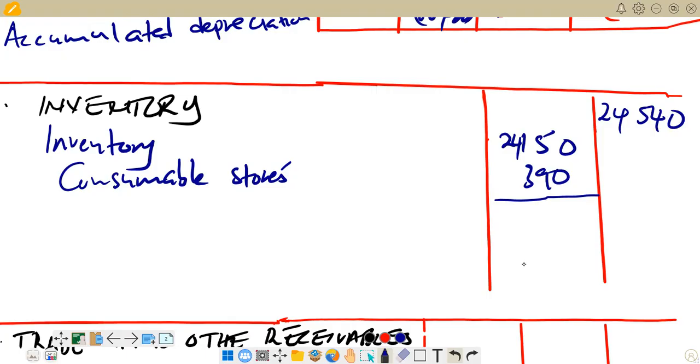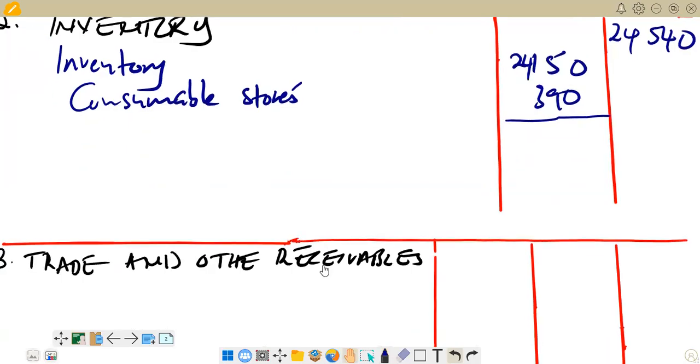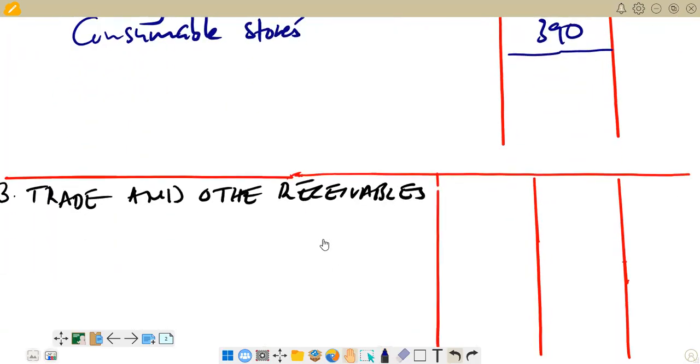Right. Then you go to the next note, see what we have in the next note. The next note is trade and other receivables. So we are going to start with the figure for trade receivable control.